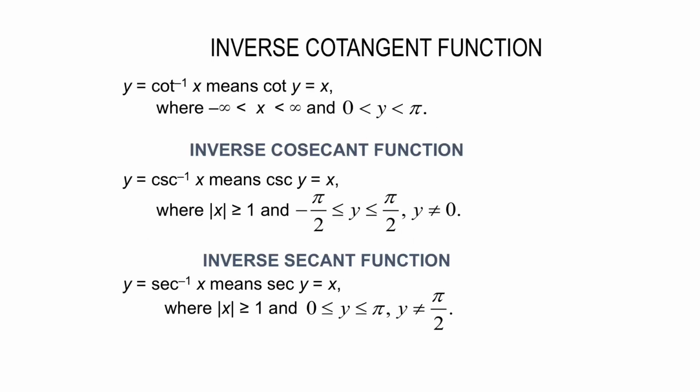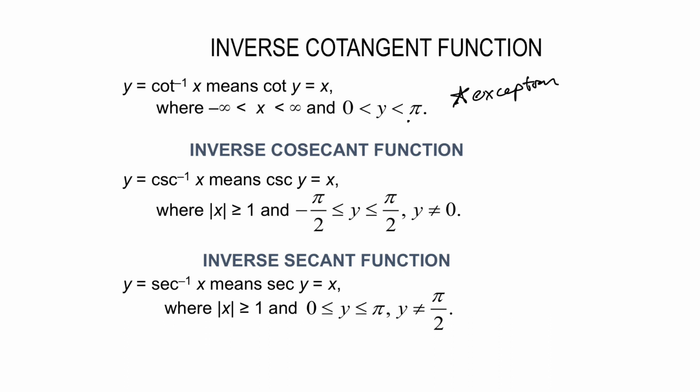When we talk about the inverse cotangent, the inverse cosecant and the inverse secant functions, you'll notice that they always follow the same as their counterparts, except for cotangent. Cotangent is the one exception. The cotangent actually follows the cosine function.